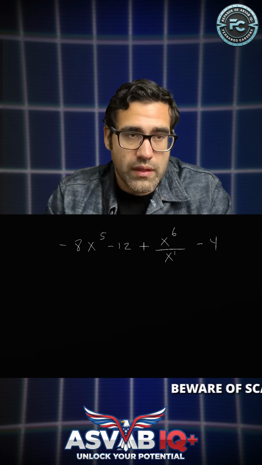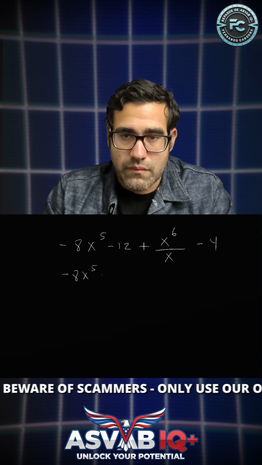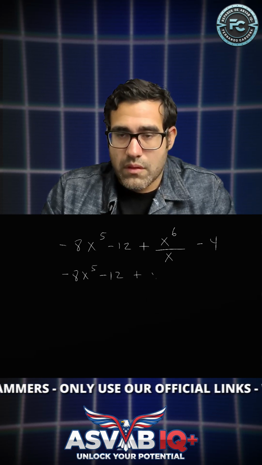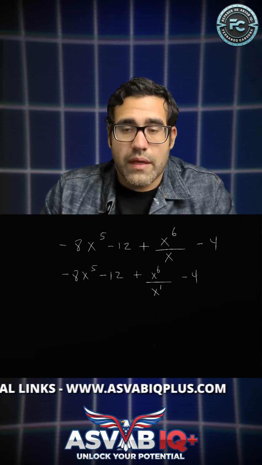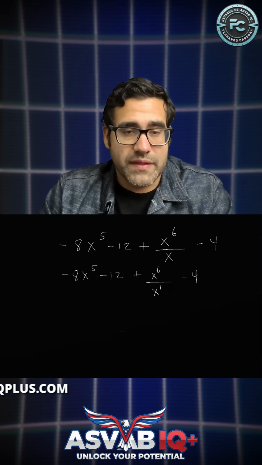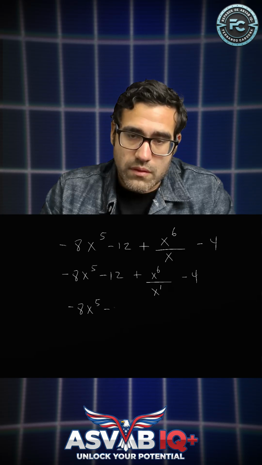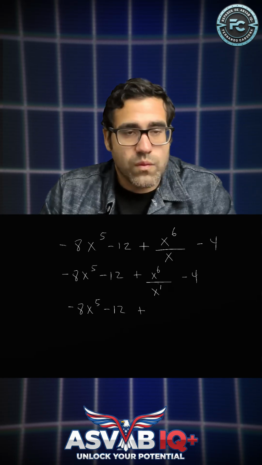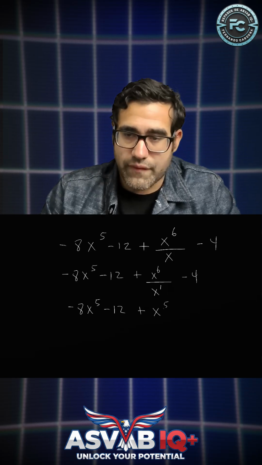So there's a 1. Let's rewrite that. Now we can recall that when we divide letters, exponents are going to be subtracted. 6 minus 1 is going to give you x^5.